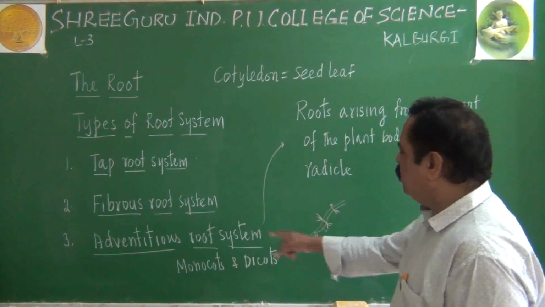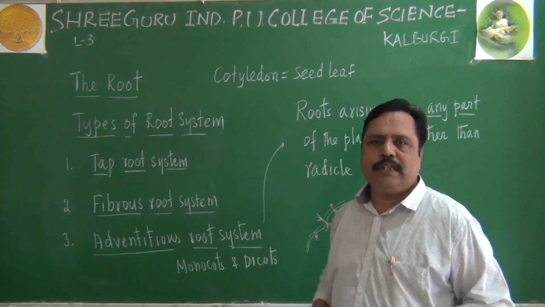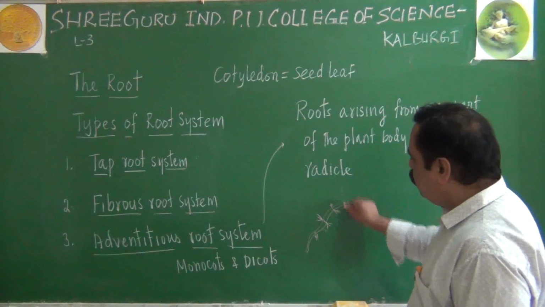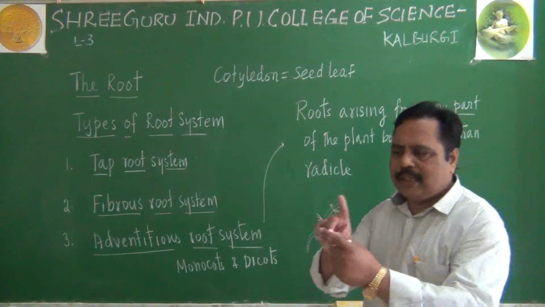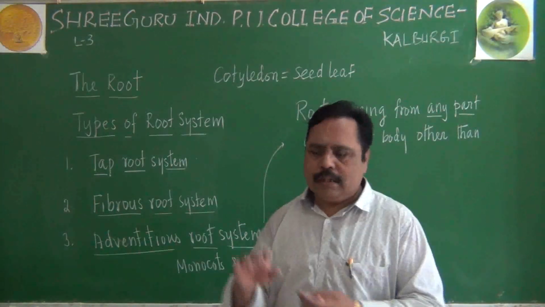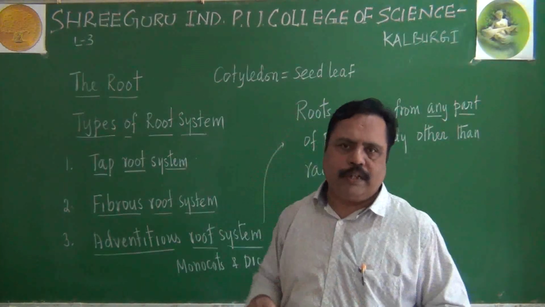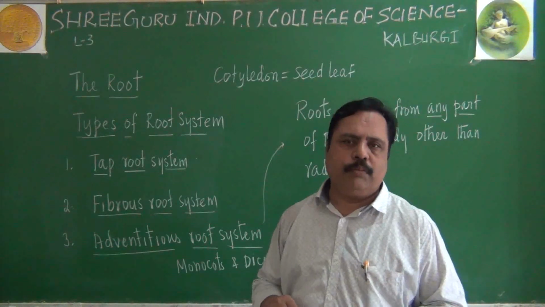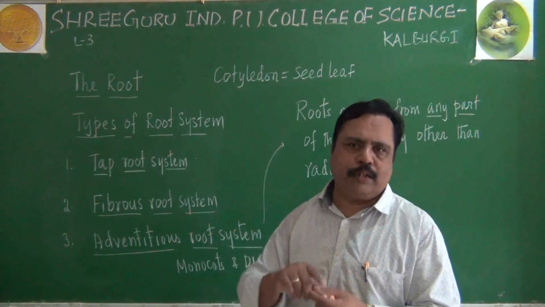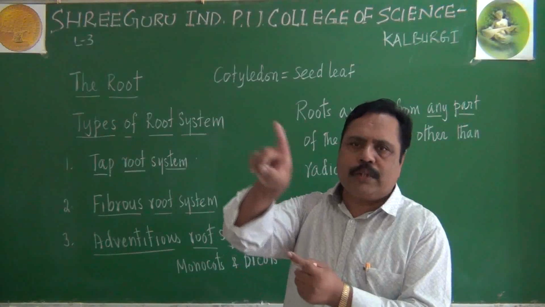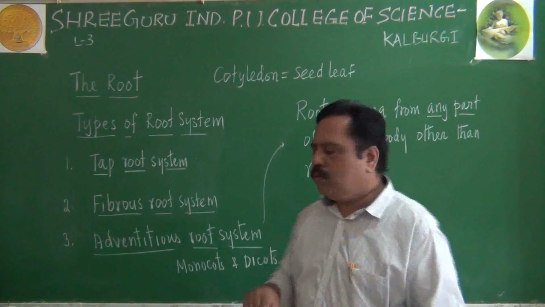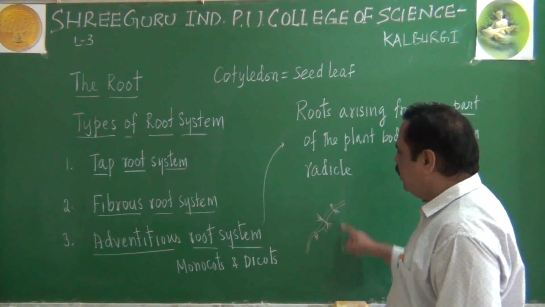Why do they produce roots from the node? That is for support, because they are weak-stemmed plants. They will grow upon a support only. For example, grapevine, you may be remembering, grape plant, they will be going over the support. Such roots are helpful for holding the support.